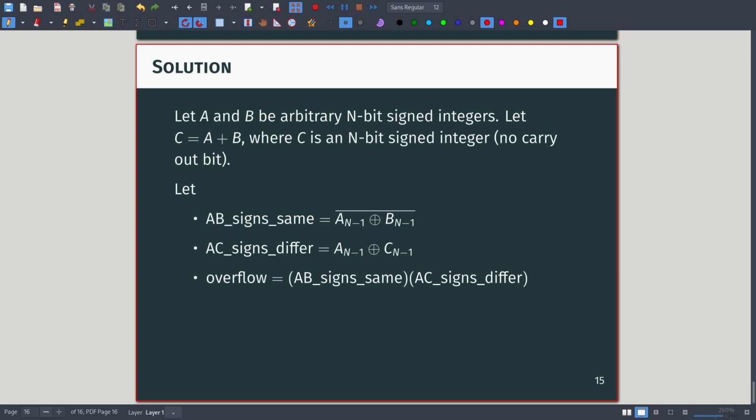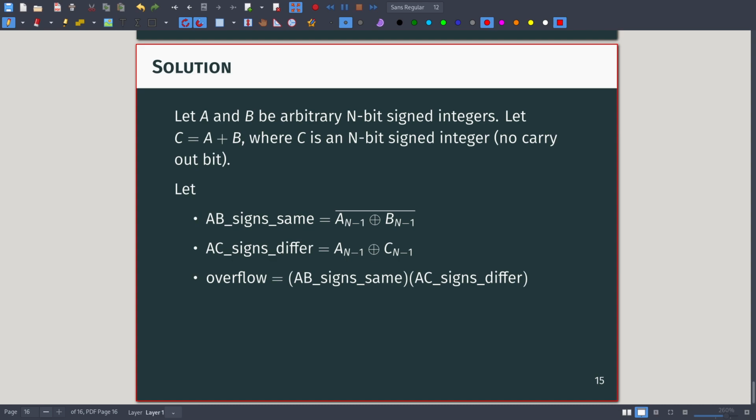So this is going to tell you if your inputs have the same sign, and if the output has a different sign than the inputs. So a n minus 1 and c n minus 1, if you XOR them together, that's going to tell you if they're different. So if your input signs are the same, and the sign of your inputs compared to your output is different, you have an overflow. There you have it.